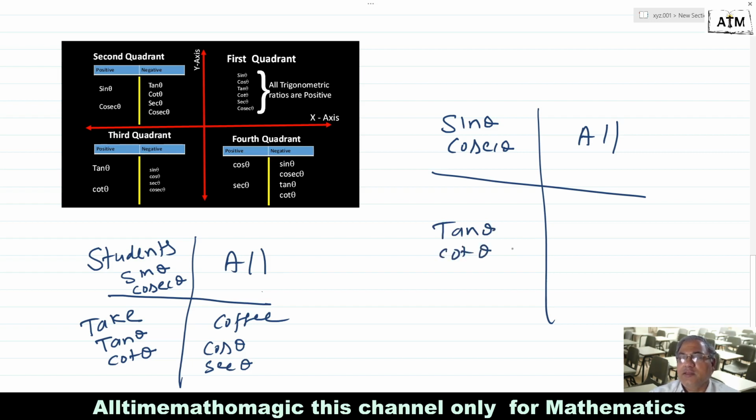That means the rest, that is sec theta, cosec theta and sin theta, cos theta, are negative in the third quadrant. In the fourth quadrant, coffee, C for cos. So cos theta and the reciprocal ratio of cos theta, sec theta, are the only two positive ratios and the rest are negative.